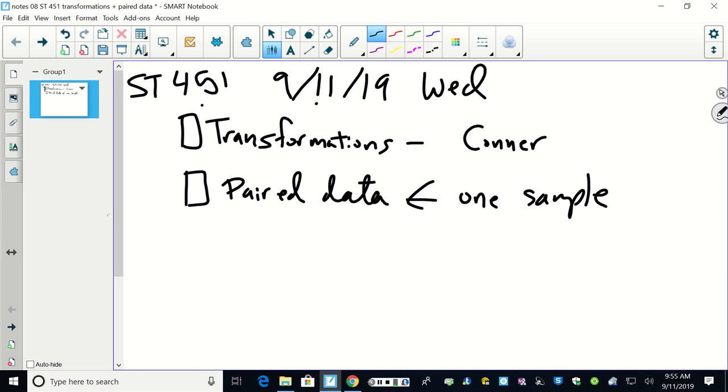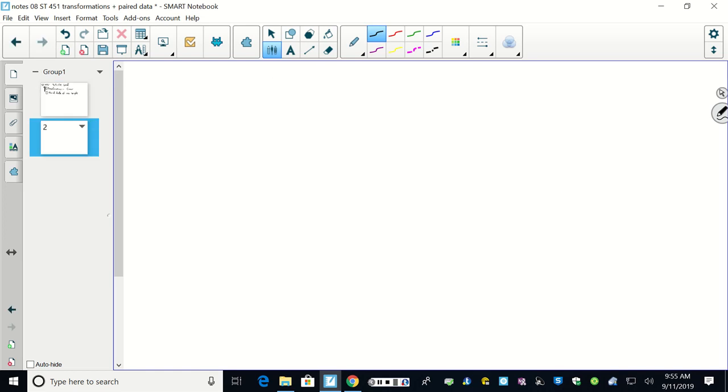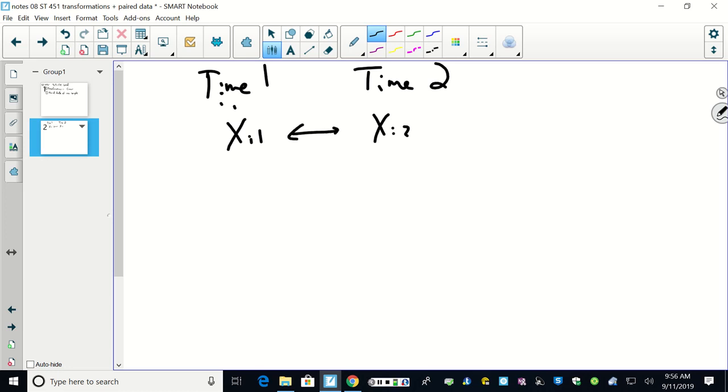Right, so the scenario in which this would occur is we would have time 1 and time 2, and we get a first measurement over here and then a second measurement, and these are the same people or the same units.